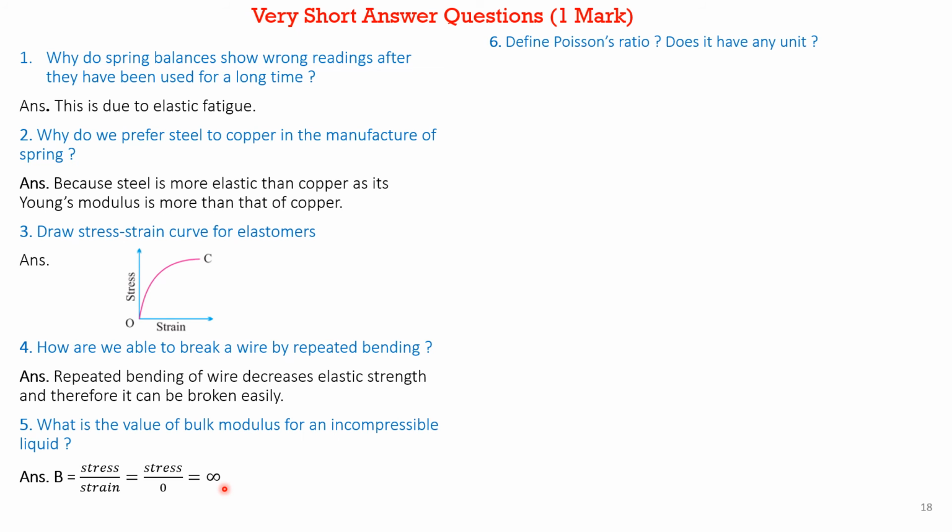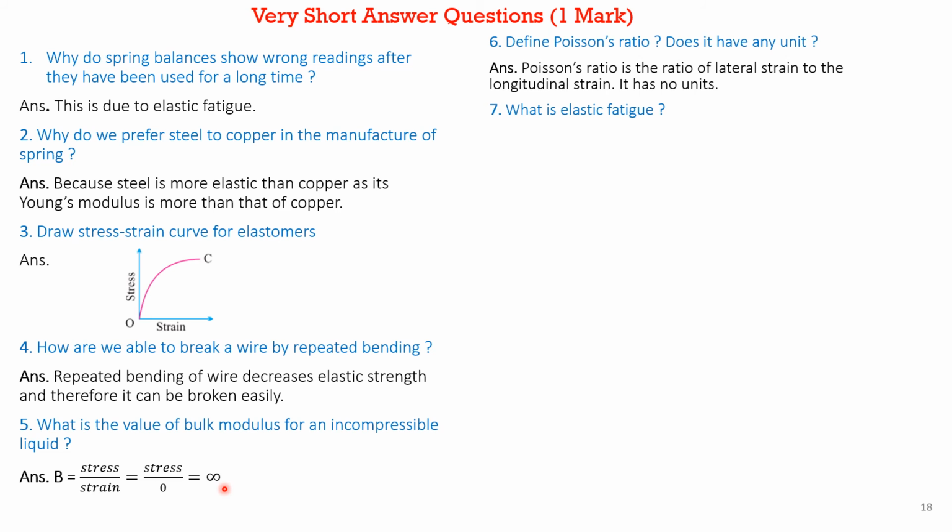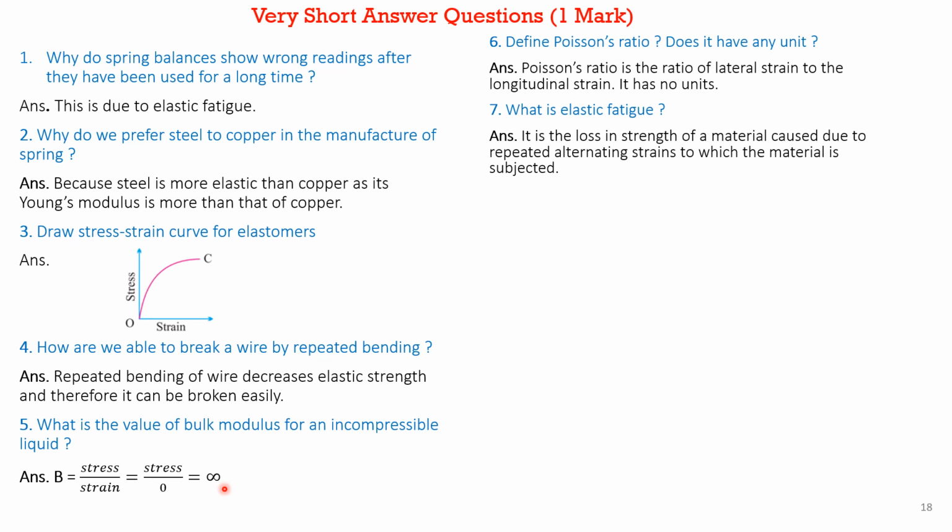Define Poisson's ratio. Does it have any unit? Poisson's ratio is a ratio of lateral strain to longitudinal strain. It has no units. What is the elastic fatigue? It is the loss in strength of the material caused due to repeated alternating strains to which material is subjected.